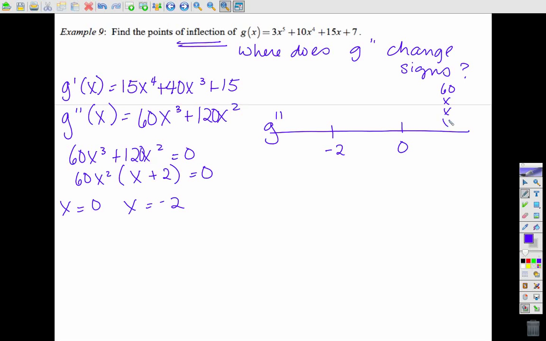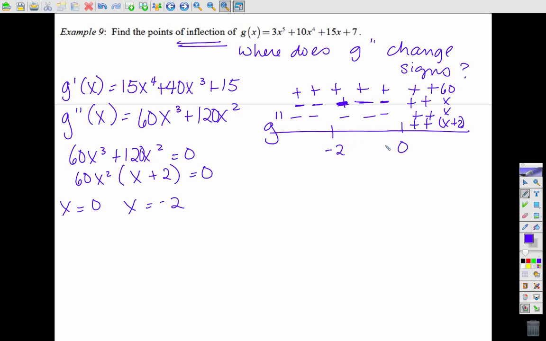You can look at each individual factor, which would be 60 and x and x and x plus 2. 60 is always positive. x is going to be positive at greater than 0, and then negative from negative 2 to 0. We're just looking at the x value, so obviously x is negative when x is negative.